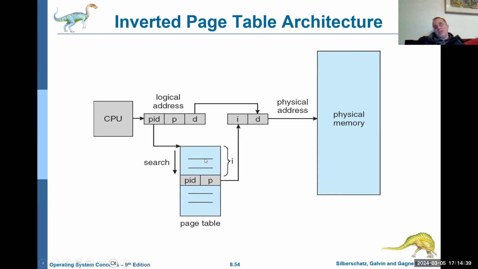Now, what are the advantages and disadvantages of this system? Advantages, disadvantages. Hello, anybody? It has only one table, so it's not a lot of jumps. Okay, that's a good advantage.